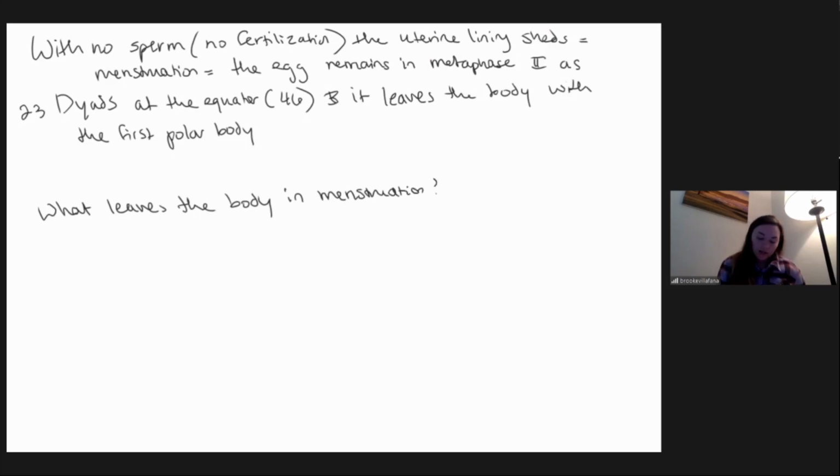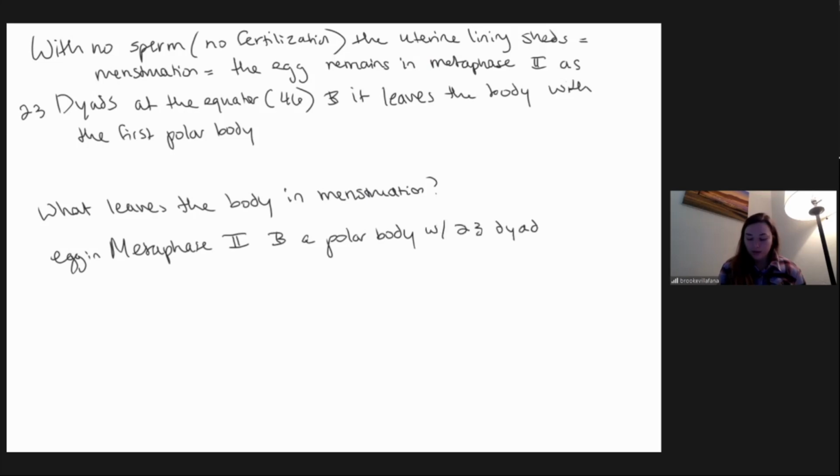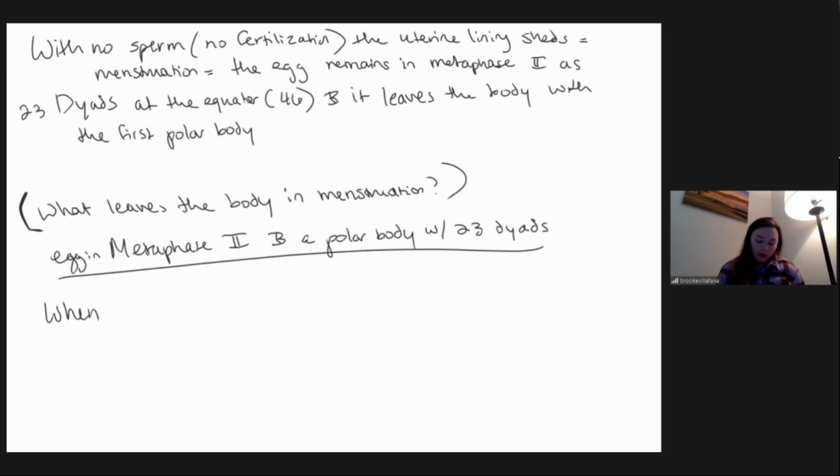And the correct answer is going to be an egg in metaphase 2 and a polar body, with 23 dyads. Does that make sense? If you were asked what leaves the body in menstruation versus when does the female egg finish meiosis?